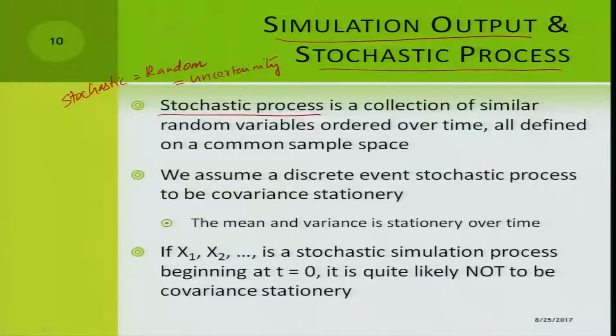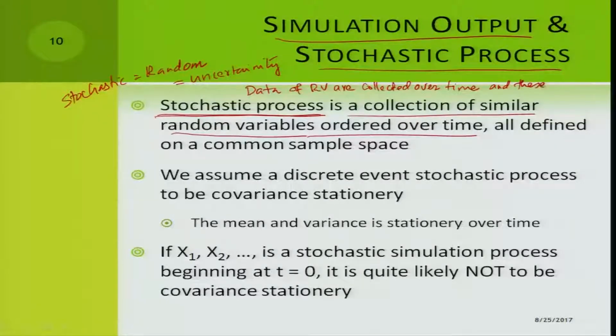A stochastic process for us, a process that has randomness in it, is a collection of similar random variables, ordered over time. These random variables, these RVs, are collected as data over time, and they are similar.